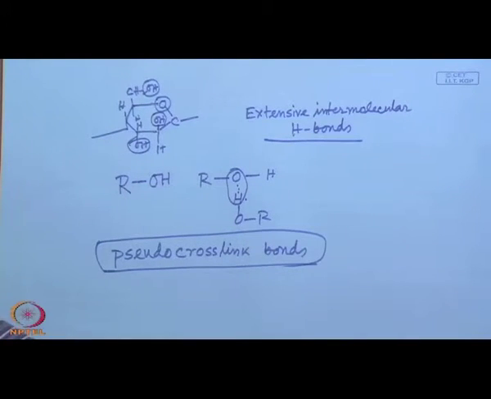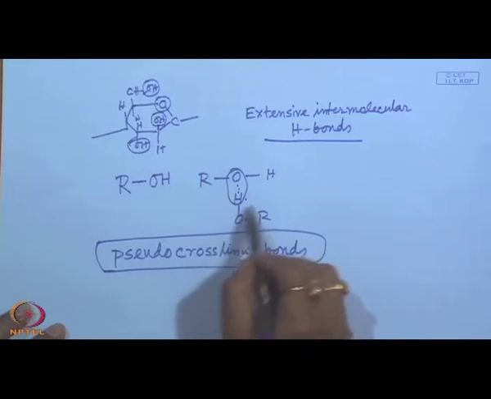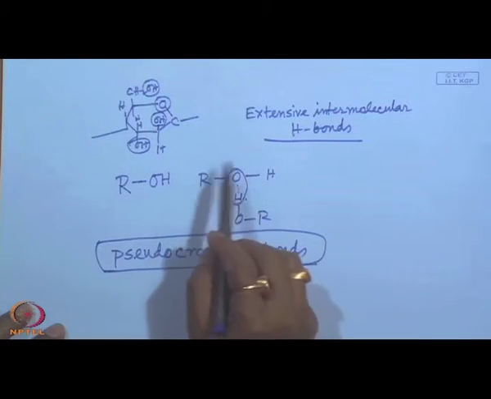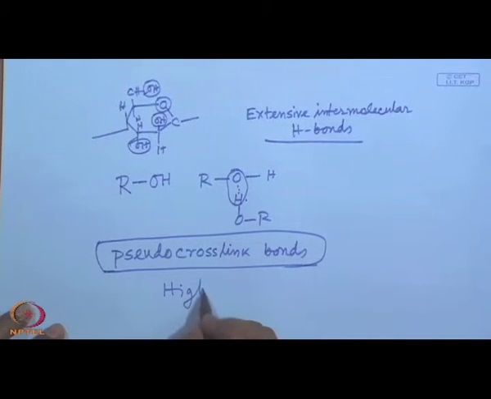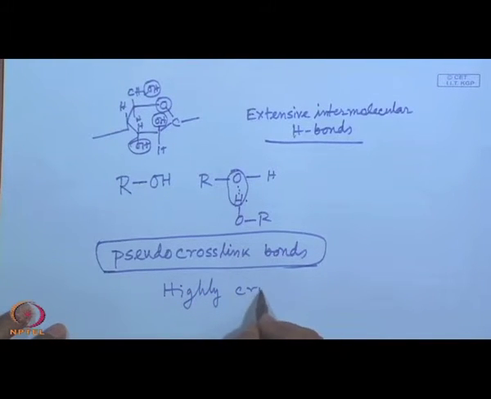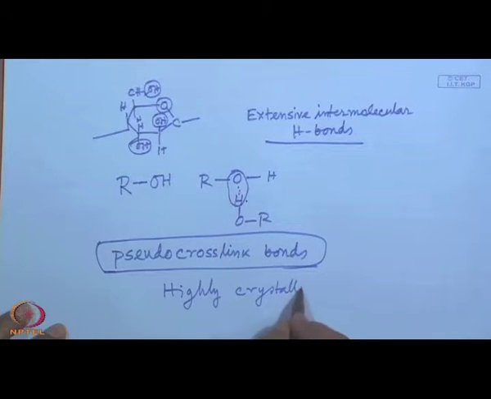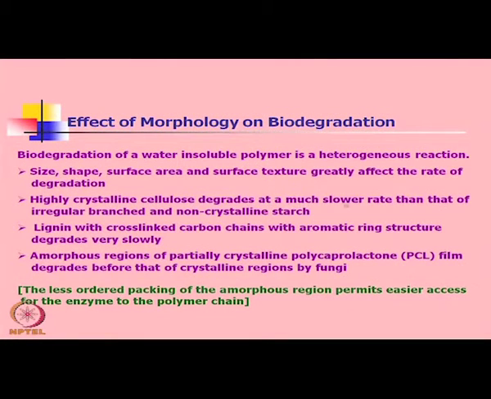Due to that hydrogen bonding, the cellulose molecule becomes highly crystalline. So, highly crystalline cellulose degrades at a much slower rate than that of irregular branched and non-crystalline starch.